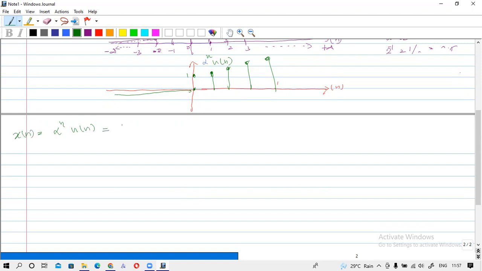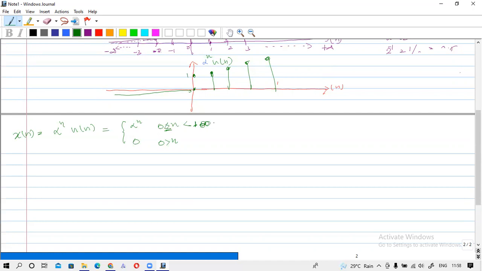We can also write this in this way: xn equals alpha n if n is greater than or equal to 0, up to plus infinity, and 0 if n is less than 0. Within 0 and plus infinity, the value is alpha n, and if n is less than 0, it is 0.